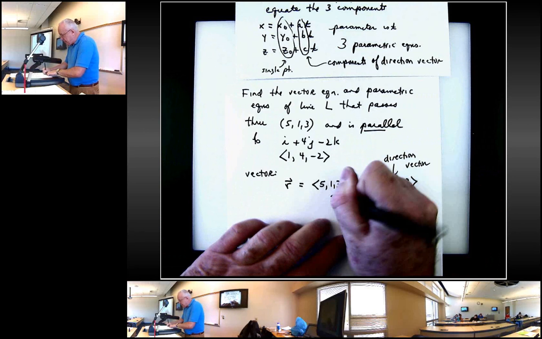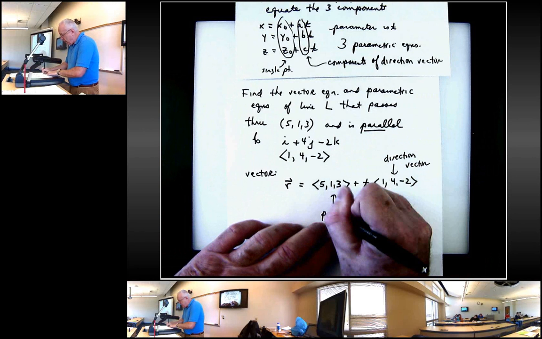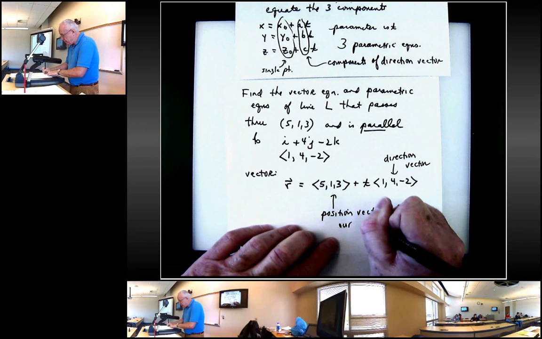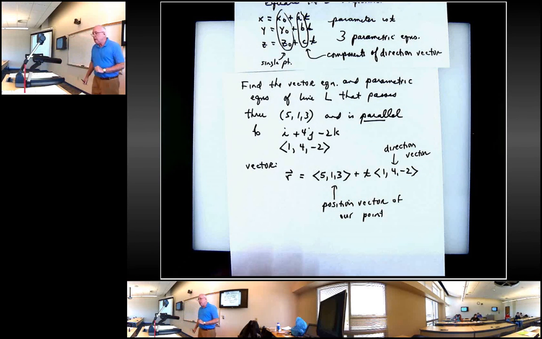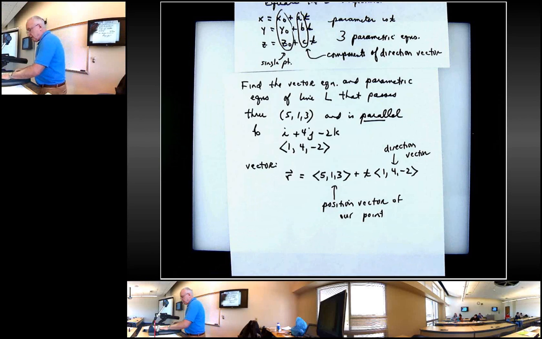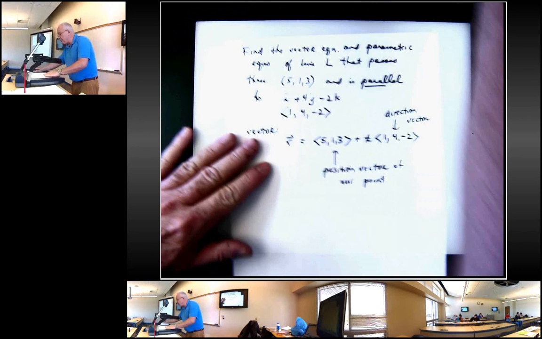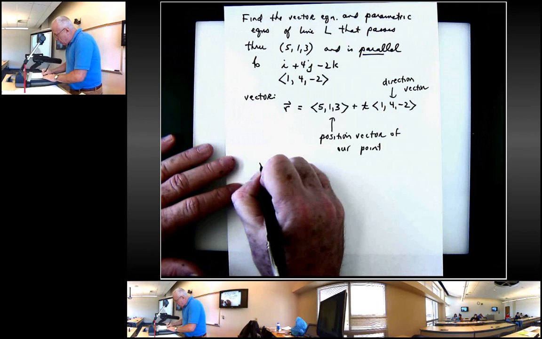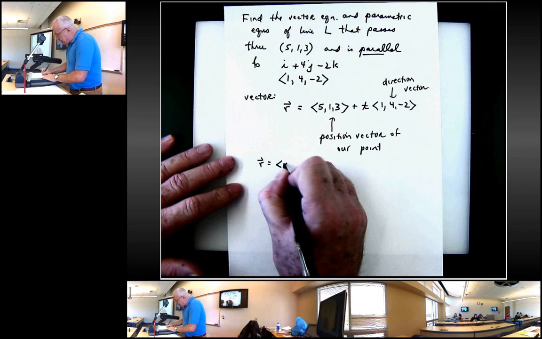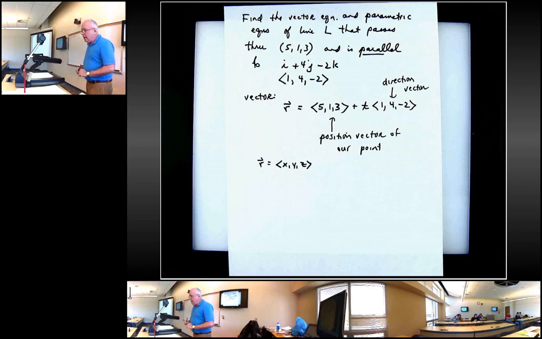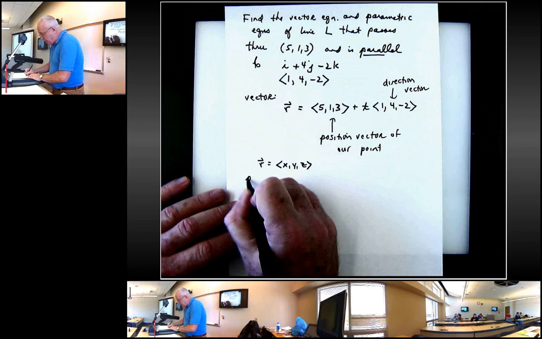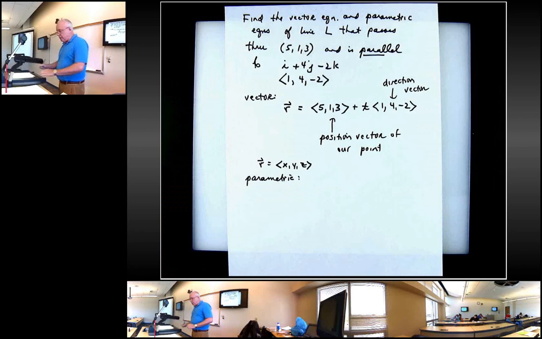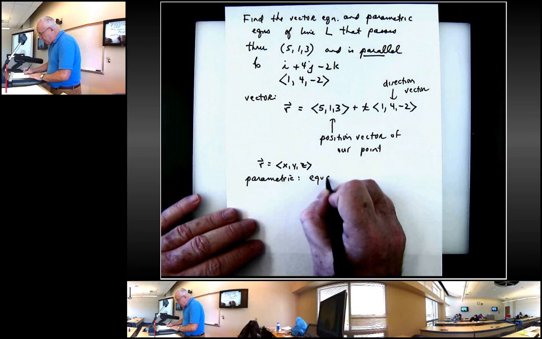And this is a position vector of our point. Okay, so that's our vector equation. Now we can then also get from that our parametric equation. Let's just assume that r can be broken apart as x, y, and z. And so for the parametric, we just equate the components.